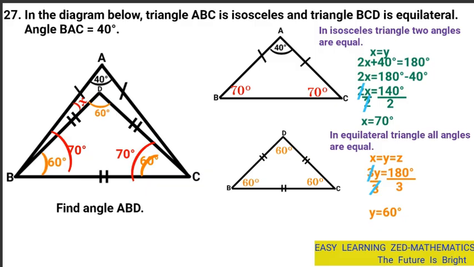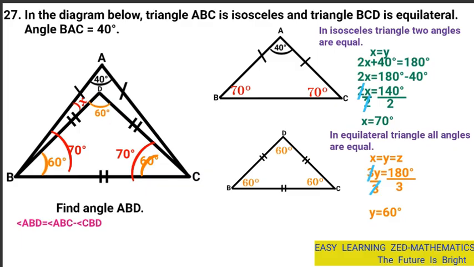The difference between angle ABC and angle CBD is the value of angle ABD. So we can write it here like this: angle ABD is equal to angle ABC minus angle CBD.